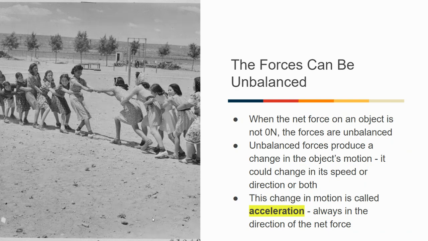But it still falls under the umbrella of acceleration because the true scientific definition of acceleration is just change in motion. Okay. We'll also talk about change in direction, which is all part of this as well. So acceleration is not simply speeding up. Acceleration is change in motion.